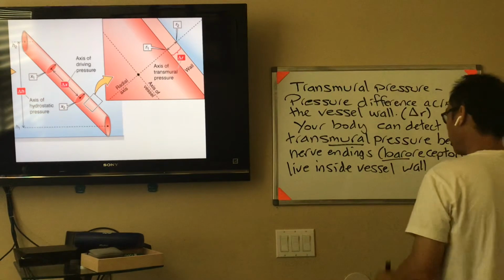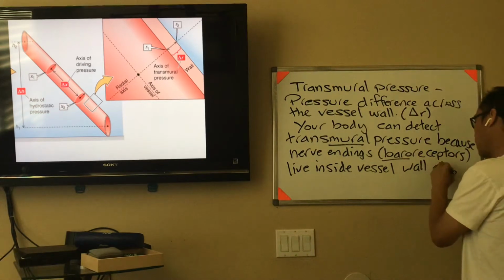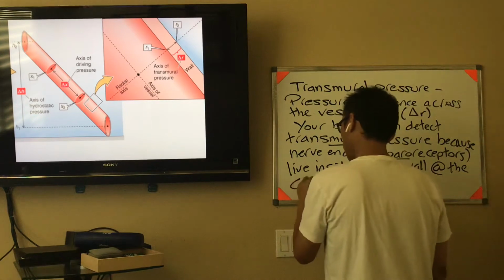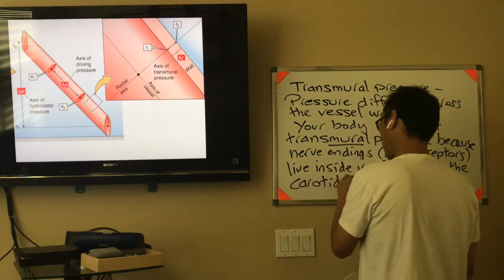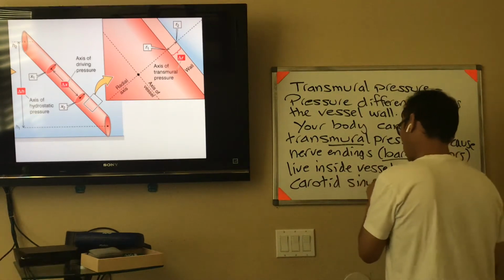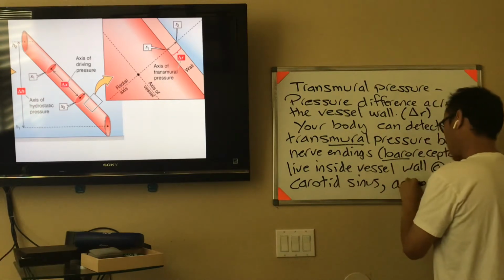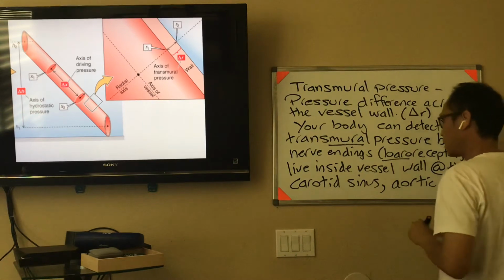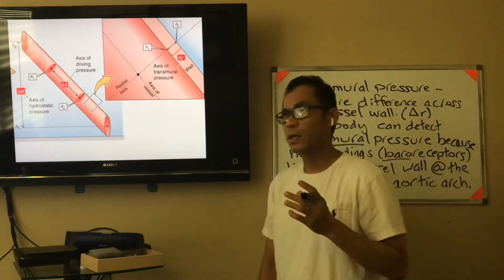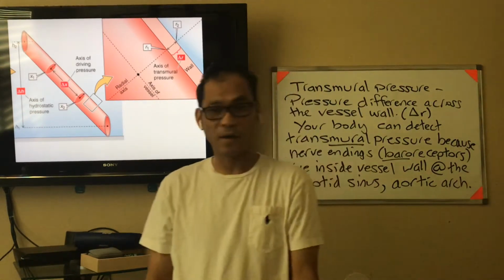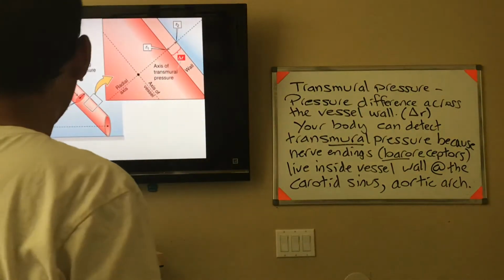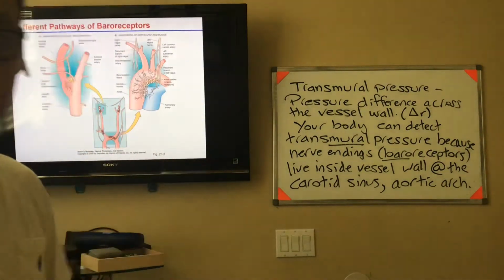So baroreceptors live inside the vessel wall at the carotid sinus and aortic arch, close to the heart. And that's important. When your blood pressure changes, you want it to be close to the heart. And I think I have a picture of that. And those are baroreceptors.